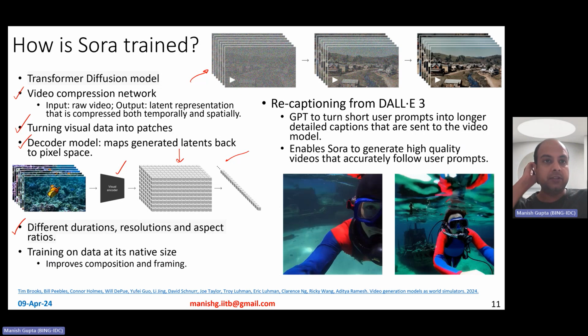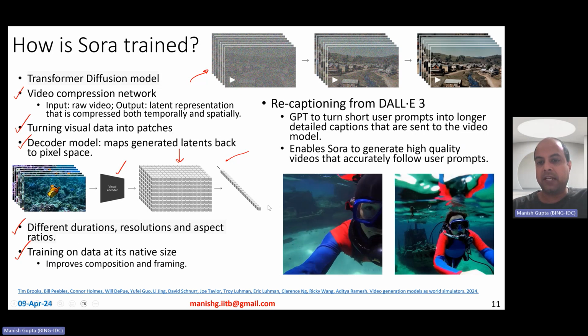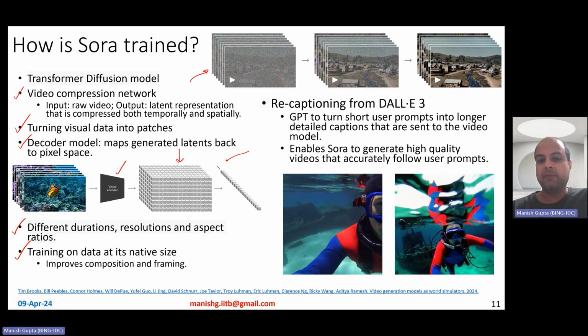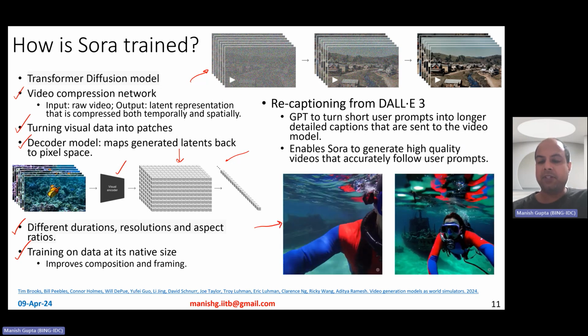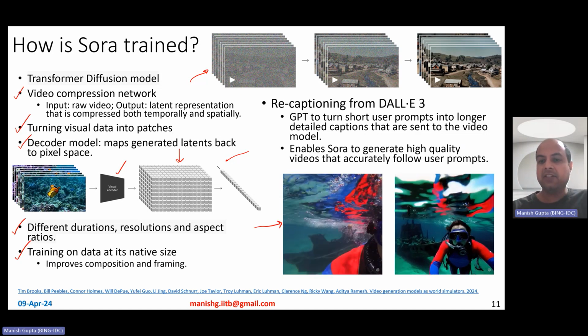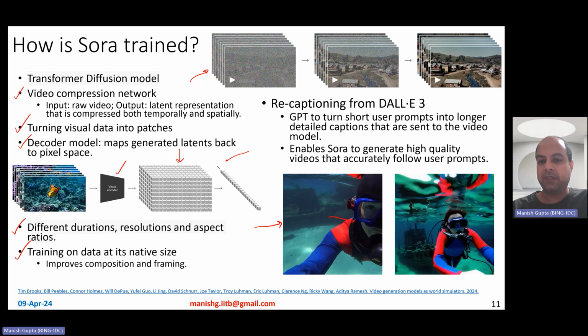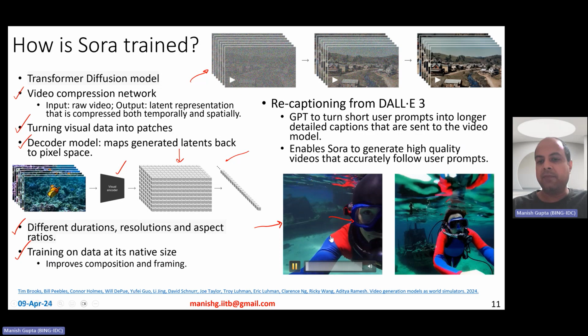Typically, earlier models would normalize the training data to be of a certain fixed size only, but SORA actually trains on data at its native size. This improves the composition and the framing. So for example, on the left-hand side, if you pre-process data to have square shaped videos, that leads to videos where, as you noticed in this particular video, the guy's face is cut.